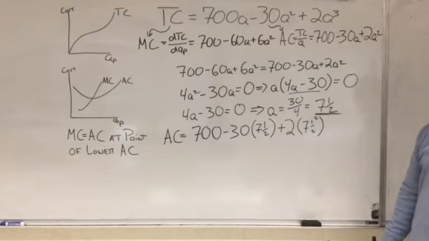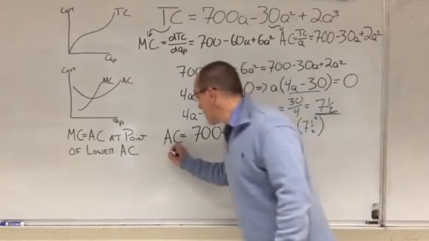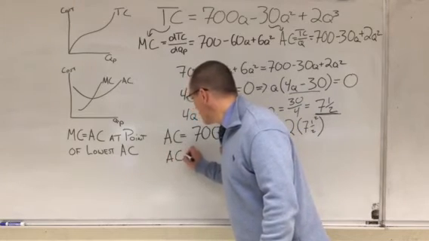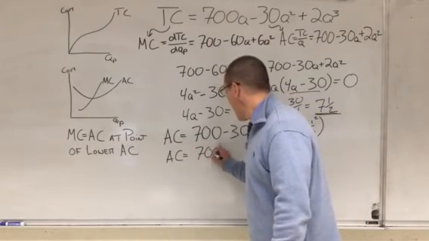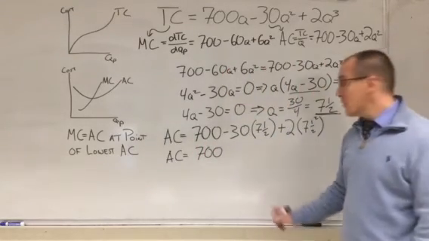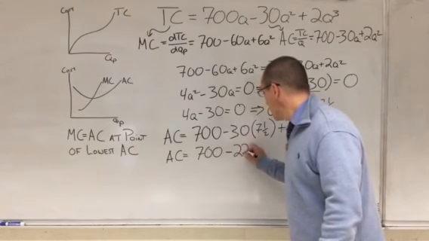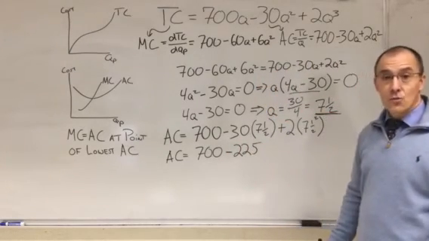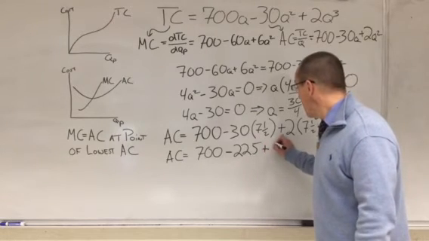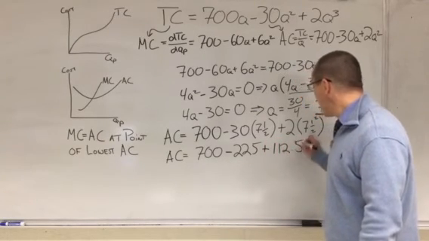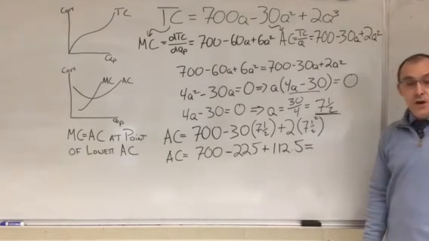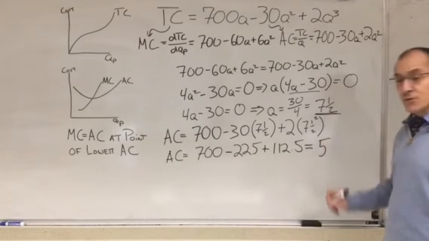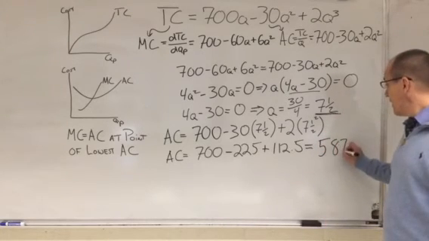If I plug and chug my way through this, what I'll find is that my average cost will be 700 minus 225 plus 112.5. Doing all of this will give me an average cost of 587.5.